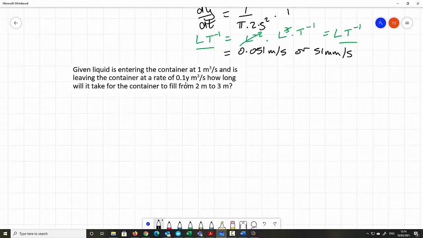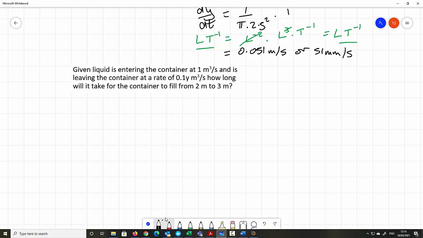Given liquid is entering the container at 1 cubic meter per second and is leaving the container at a rate of 0.1 y meters per second, how long will it take the container to fill from 2 meters to 3 meters?